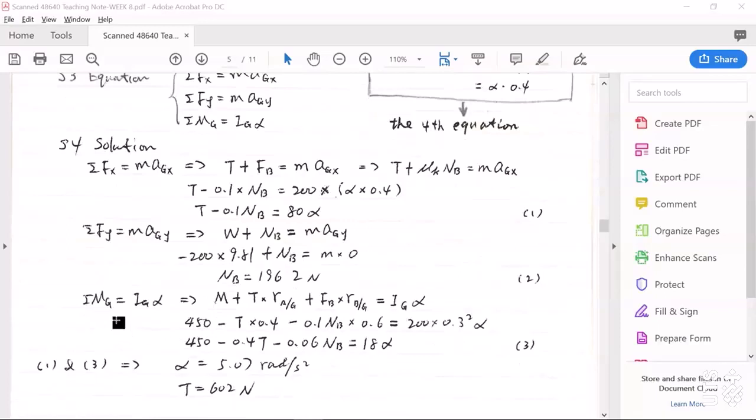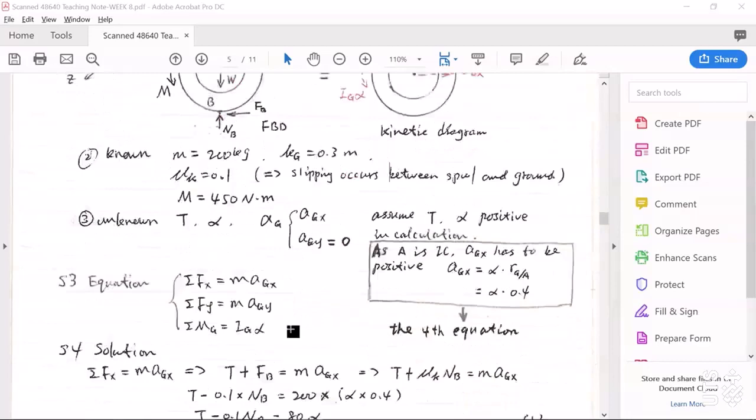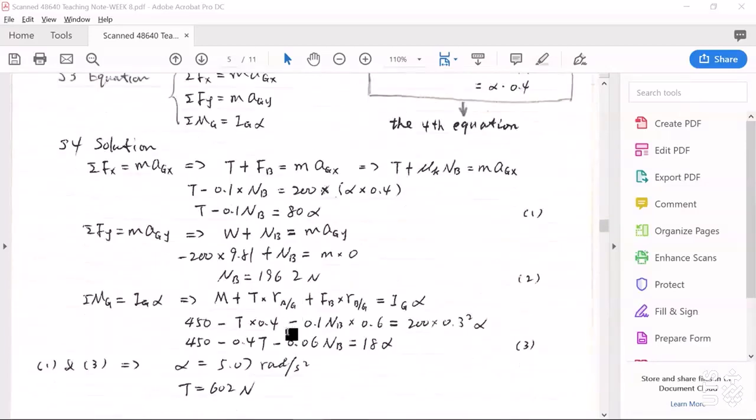Then in equation 3, for the rotational component, we select point G, the mass center point, to do our calculation. We have couple moment M, counterclockwise according to the defined coordinate system, so it should be positive. The moment generated by T should be clockwise, negative.